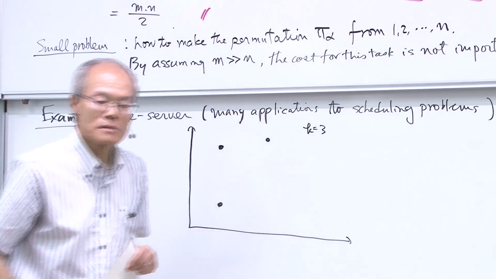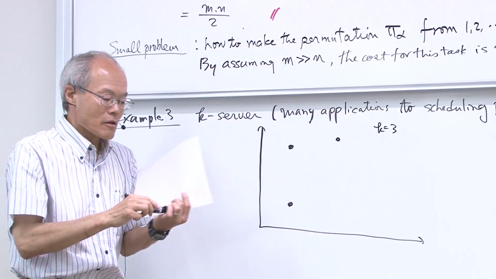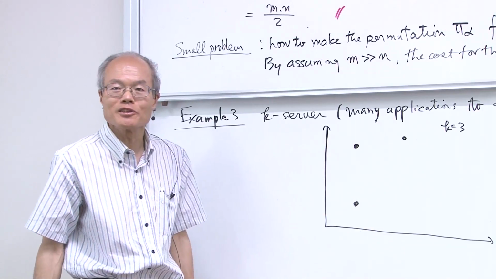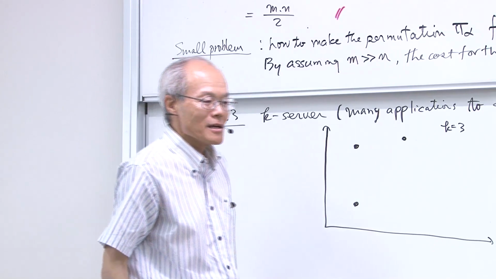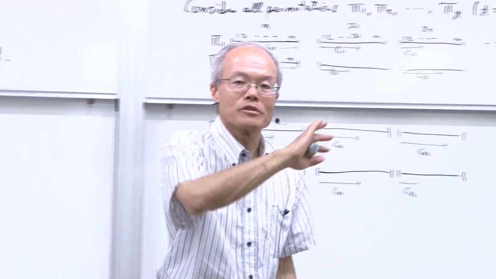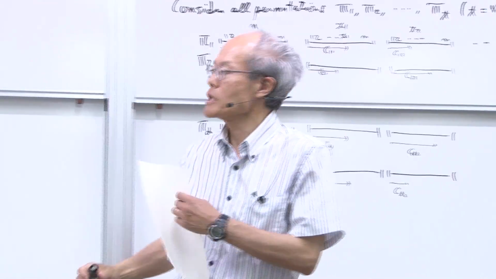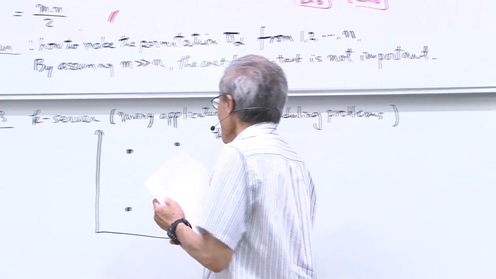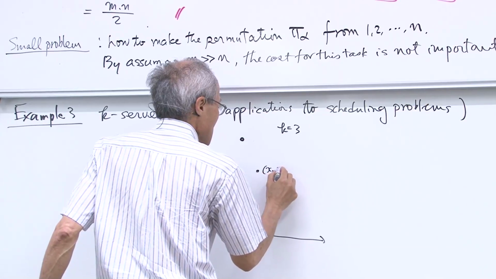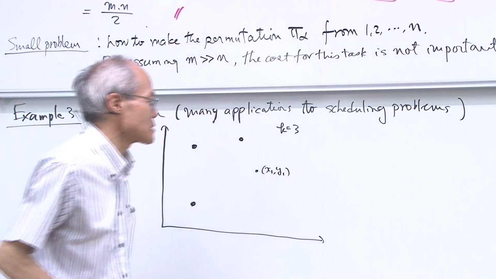We have 3 servers. So 3 servers are located at some positions initially. Then our request is given as a sequence of positions. Our first request is x1, y1 here. This is the first request.